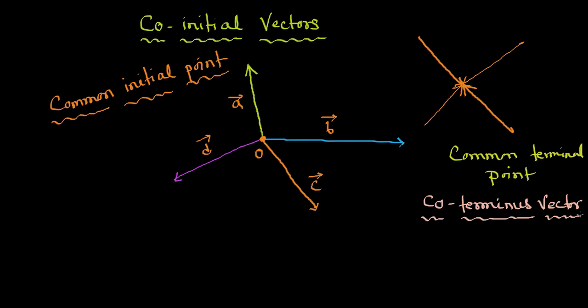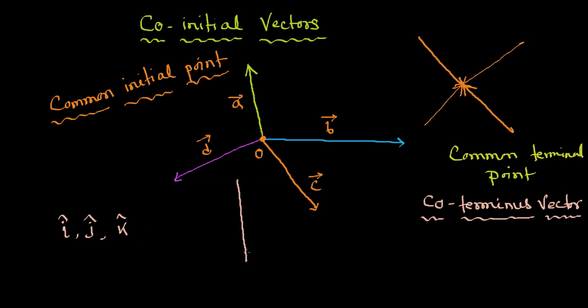I hope these things are very clear to you all. Now, I just want to tell you another thing. We have read the unit vector. Under unit vector, we can write i cap, j cap, and k cap. These all are examples of the unit vector.